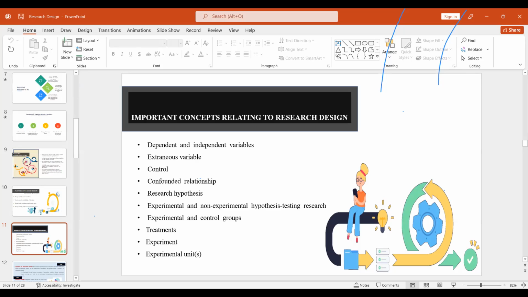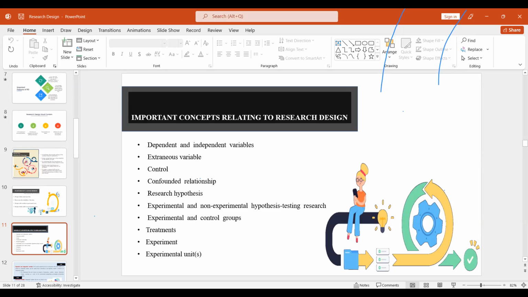When the purpose of research is to test a research hypothesis, it is termed as hypothesis testing research. Almost in most disciplines, they follow this method. It can be of the experimental design or of the non-experimental design research.